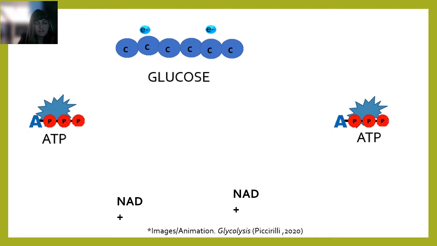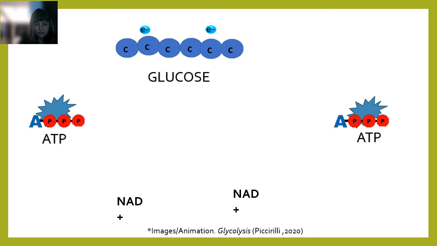This is a very, very basic animation. The molecules and how they're represented are a lot more complicated in real life than that. We will go through the actual steps, but just so you have a super broad overview of what's going on, this will help you put it in context when we go through the reactions in depth.